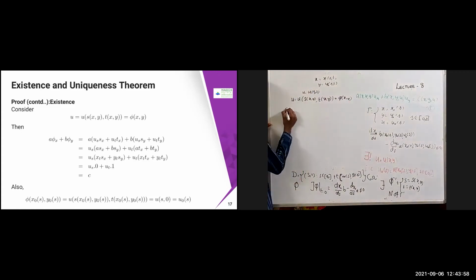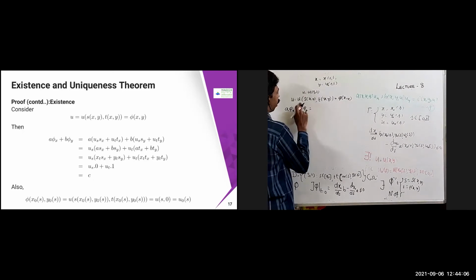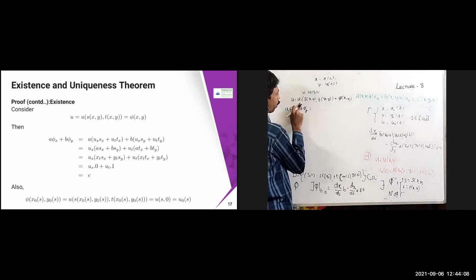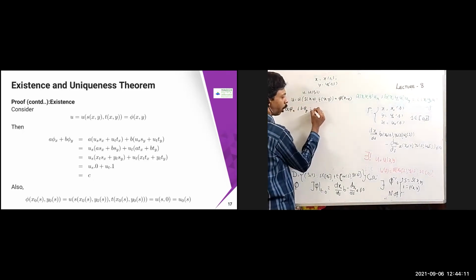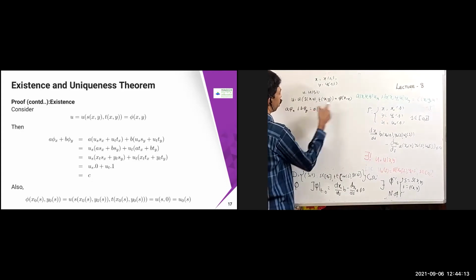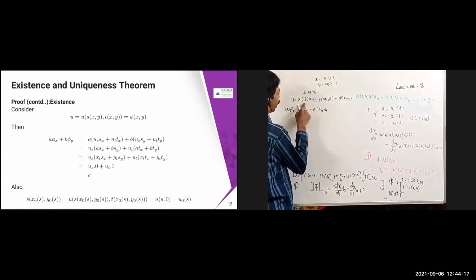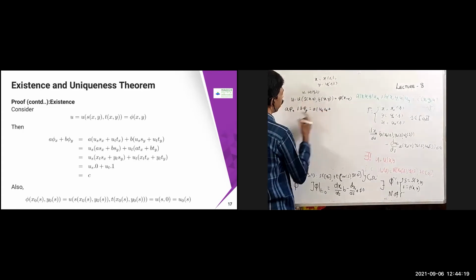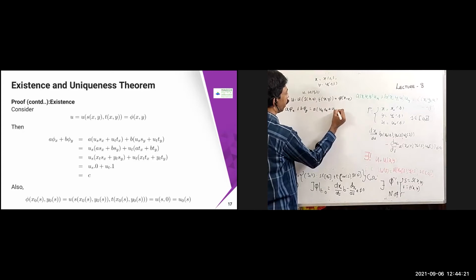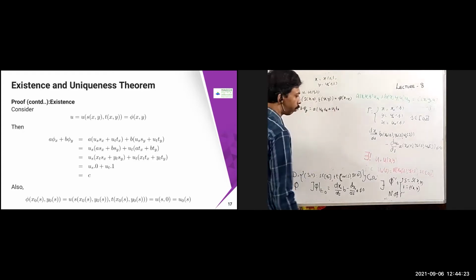Now I am trying to find what a pi x plus b pi y is. Pi is nothing but u of s of x comma y and t of x comma y. So a into pi x, which is nothing but u s into s x, using the chain rule, plus u t t x.